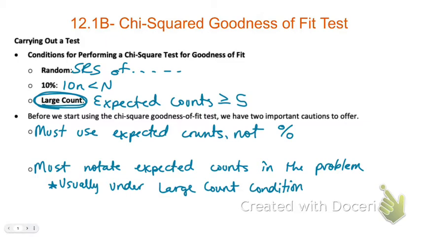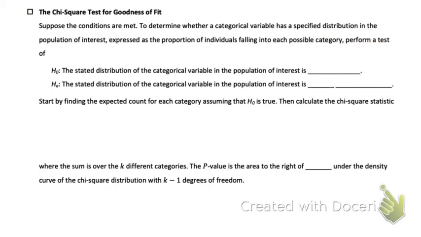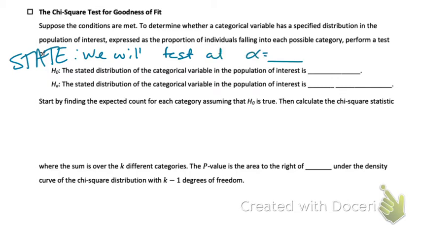And then obviously, we're still going to have our state, plan, do, conclude. This is basically how you would do the state. We will test at alpha equals whatever, depending on what the problem says, or use 0.05 if nothing else. So we start out that way. Now, the null hypothesis is basically you're going to state something in the realm of this particular statement, using the context of the problem.